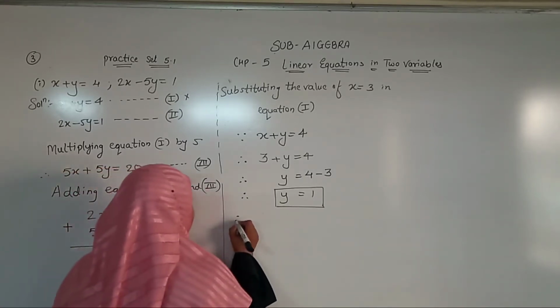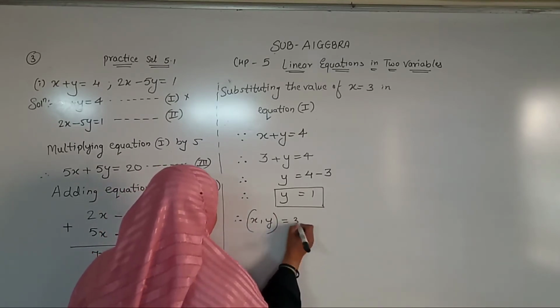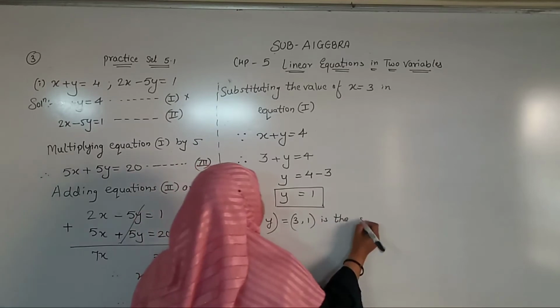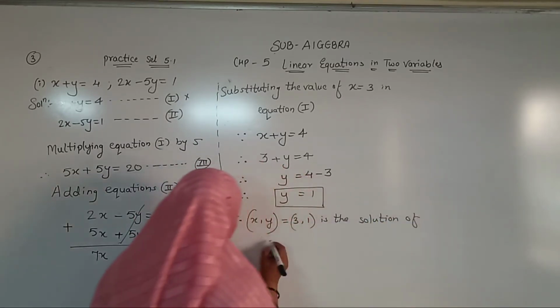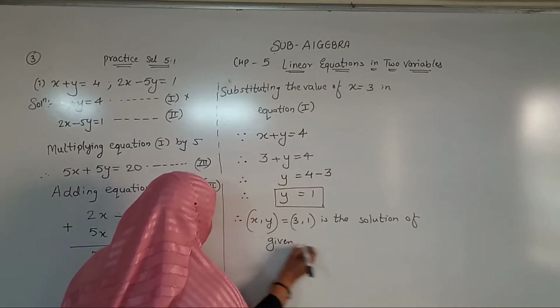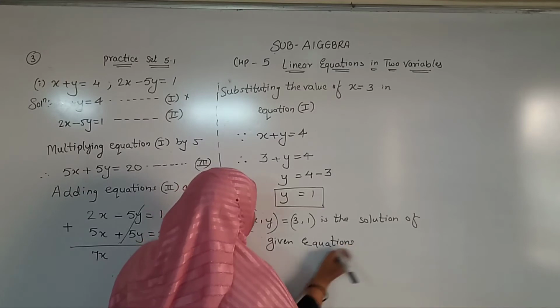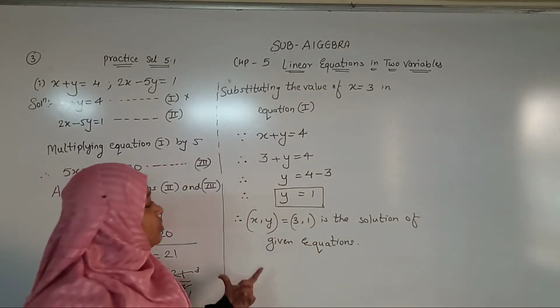But student, I should write here that x and y equal to 3 and 1 is the solution of the given equation. Write the statement, compulsory. Understood? So that is our first question.